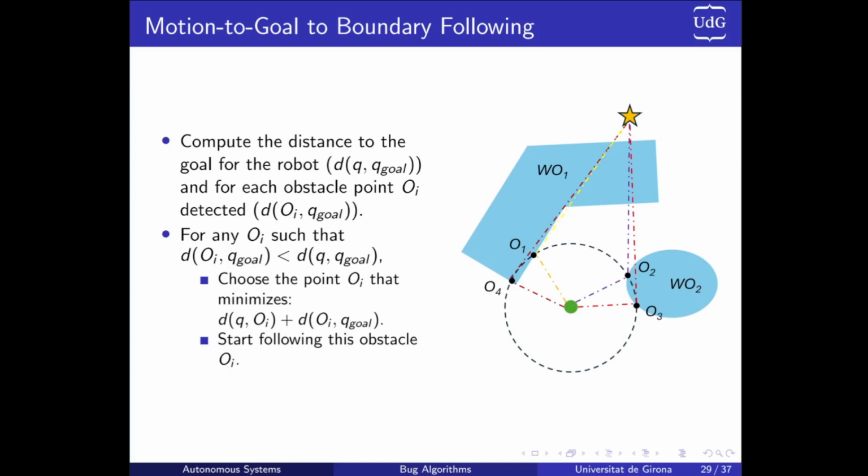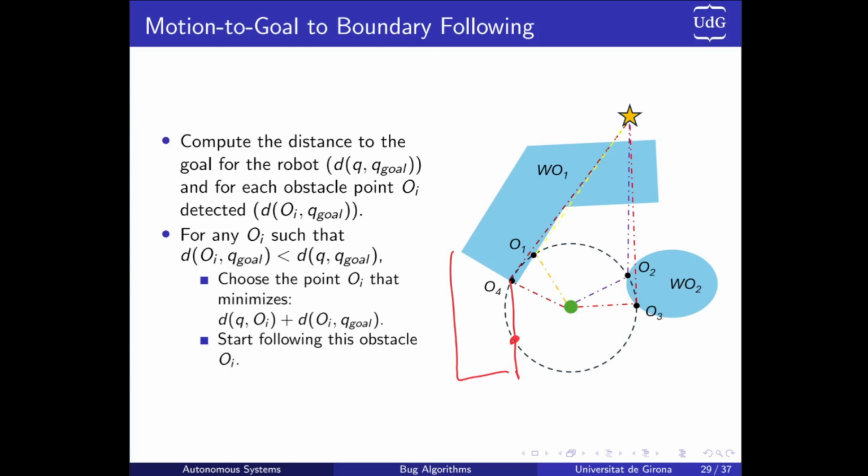If it's larger, for instance, O3, well, I think here all are smaller, maybe O4, I don't know. Imagine that this is larger, that we have something like that, and here we have another discontinuity point. For sure, this point will be farther from the goal than the robot, okay? Then we will just discard them.